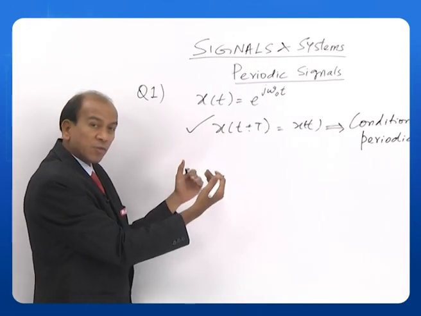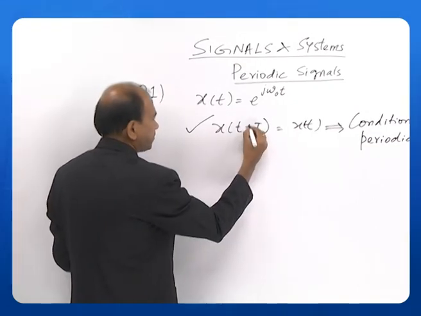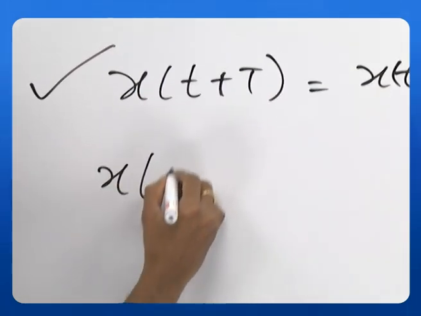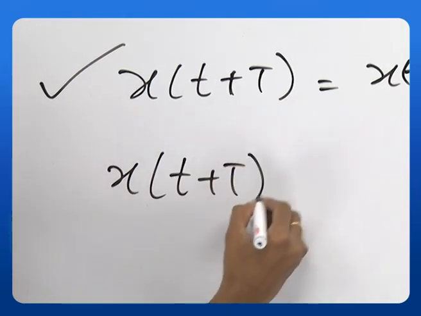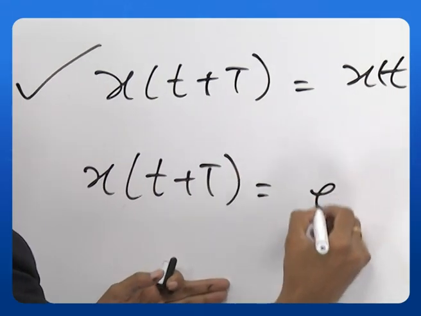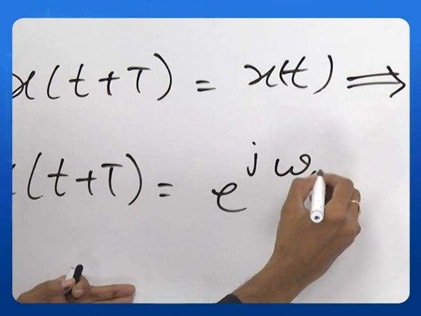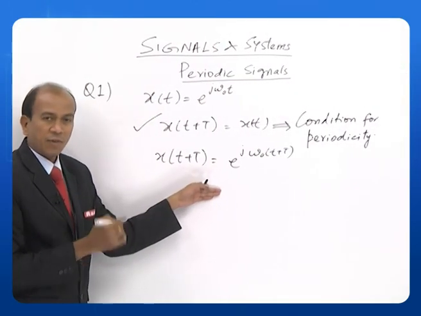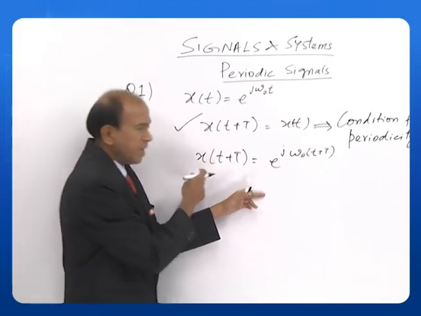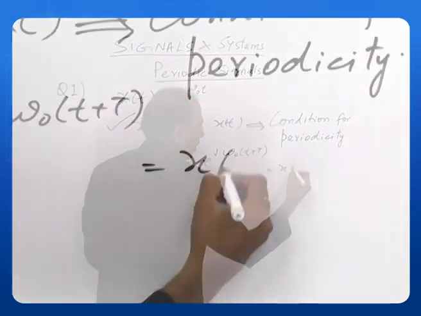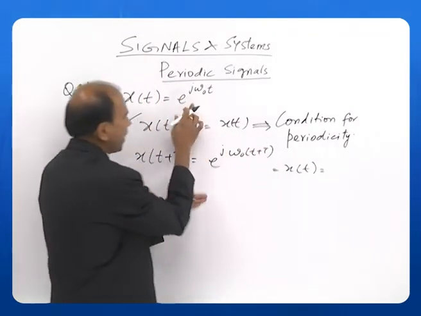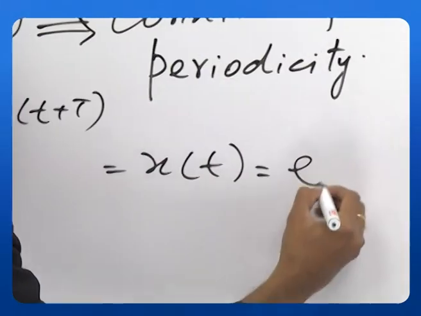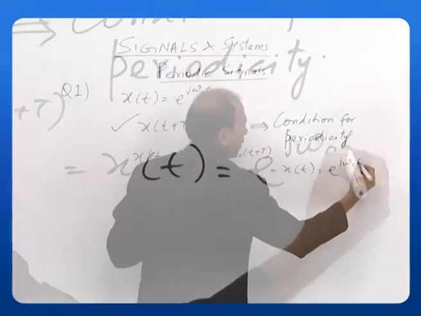Now, we will write what is x of t plus T. So, x of t plus T for us is equal to e to the power of j omega naught into t plus T. And for the condition to be satisfied, this must be equal to our x of t, which is nothing but the given function, e to the power of j omega naught t.